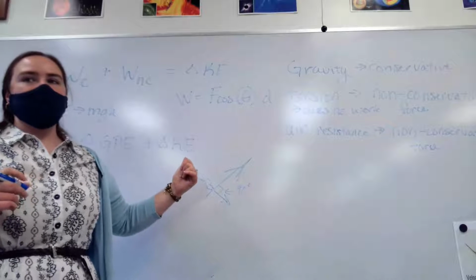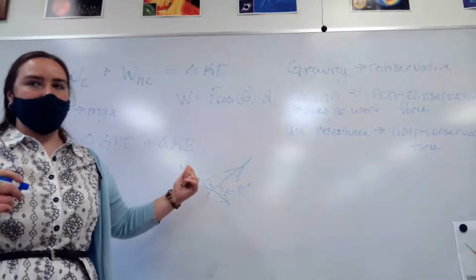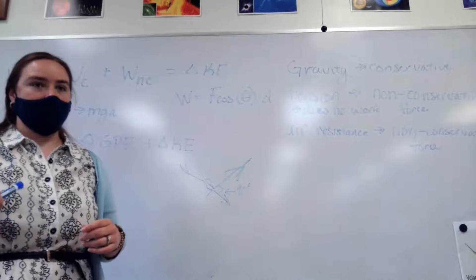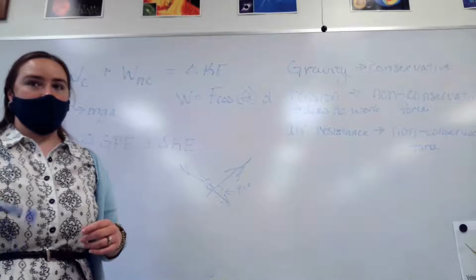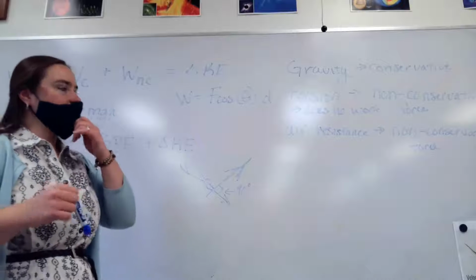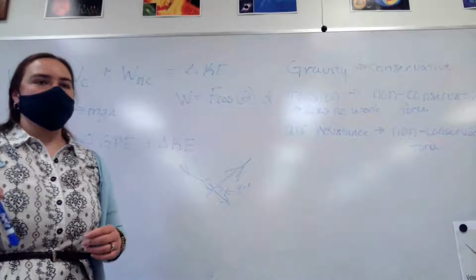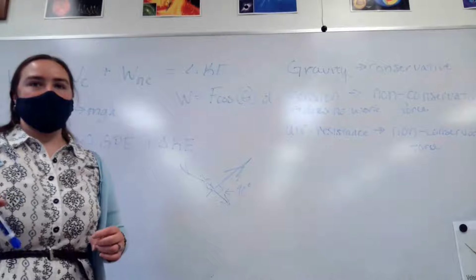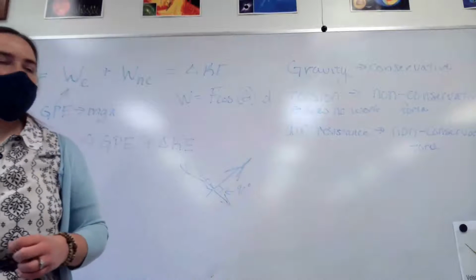Okay? Is this going to do some work? What's cosine of 180? It's negative 1. Okay? So cosine of 180 is negative 1.